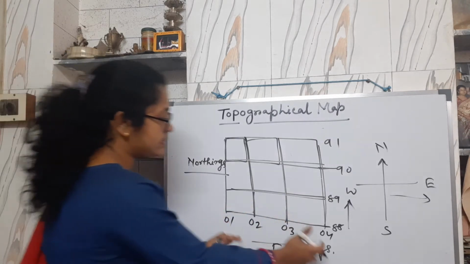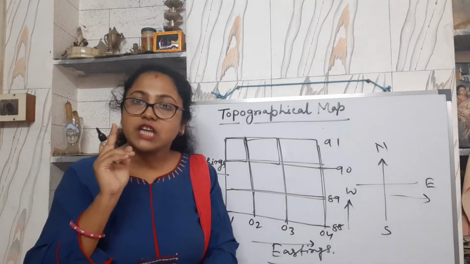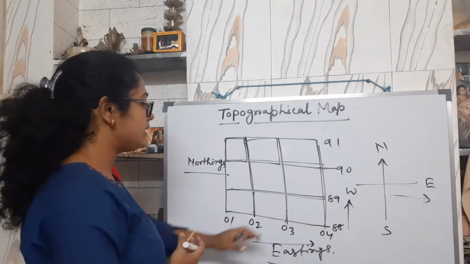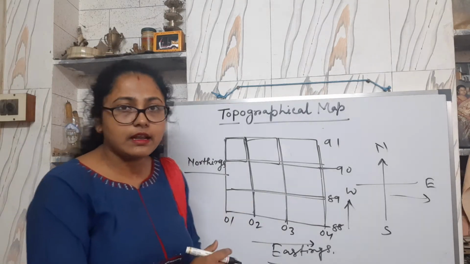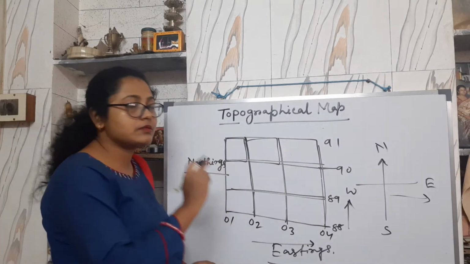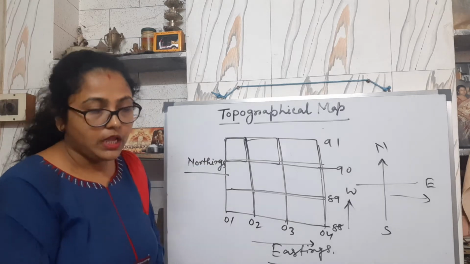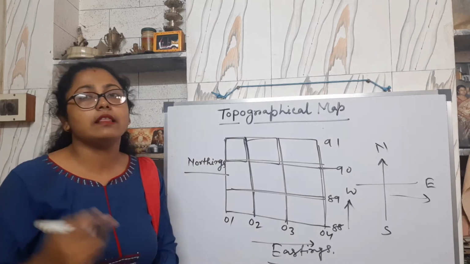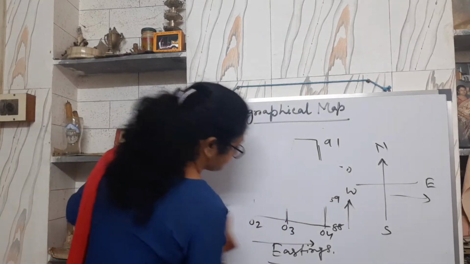Now there are two types of grid references in your syllabus. One is the 4-figure grid reference, meaning 4 figures must be there. Another is the 6-figure grid reference, meaning 6 figures must be there. Now I will discuss how to identify the 4-figure and 6-figure grid reference of any feature on the map.